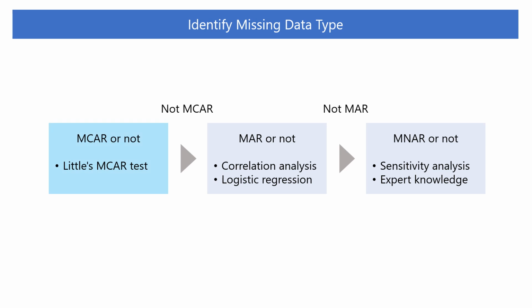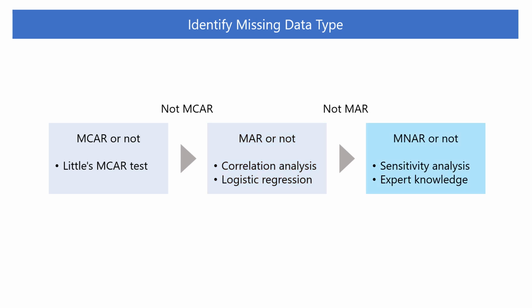First, test whether the missing data is MCAR or not. Here, we can use Little's MCAR test. If the MCAR test result shows that it is not MCAR, then examine the possibility of MAR. Here, we use correlation analysis or logistic regression to examine whether other observable variables are affecting the missing data.